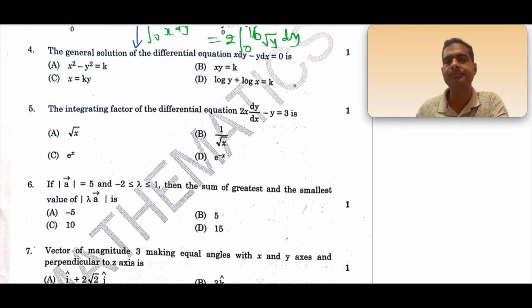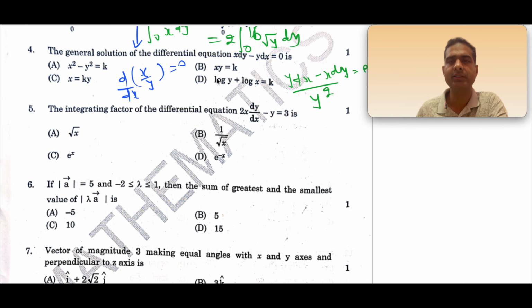If I multiply it by a negative sign, I get y dx minus x dy is equal to 0, and we can divide it by y square. This is the differentiation of x by y. So (y dx minus x dy) over y square is equal to 0. If I integrate it, I will get x by y is equal to k, so x is equal to ky. Option C will be our answer.